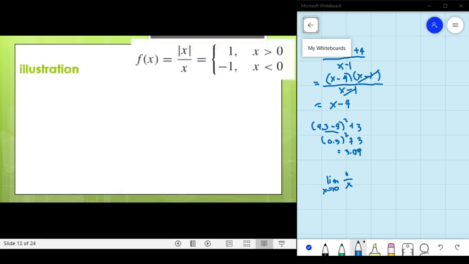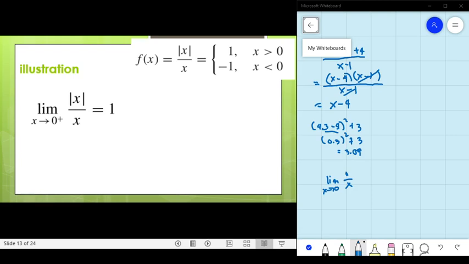So, in your illustration, for example, f of x is equal to the absolute value of x all over x, which is equal to 1 when x is greater than 0 and equal to negative 1 when x is less than 0.